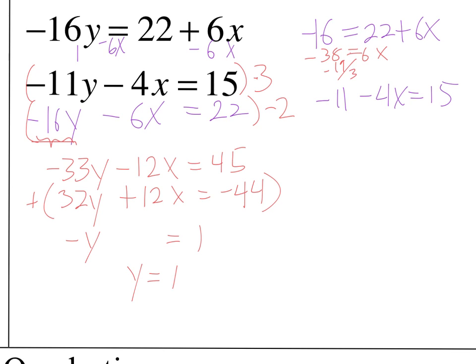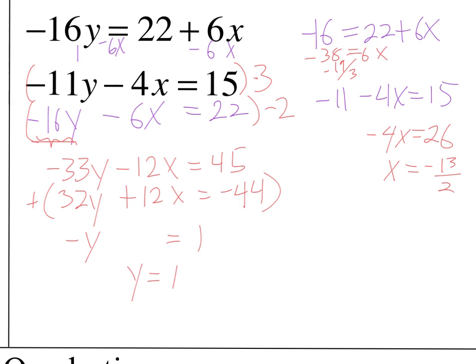Okay? When I add 11 to both sides, I end up getting 26 is equal to negative 4x, and in dividing here, I get x is equal to negative 26 over 4, or negative 13 over 2.